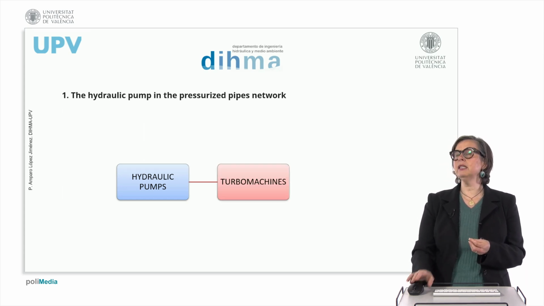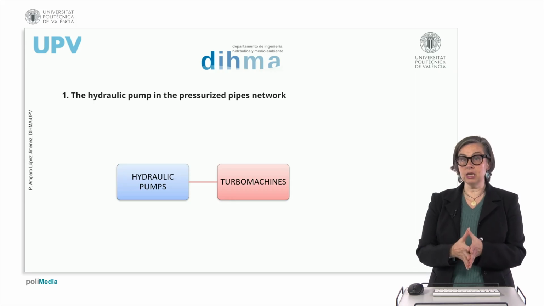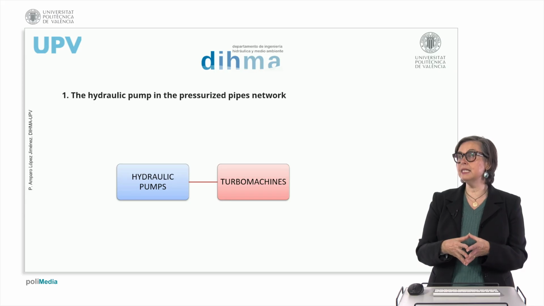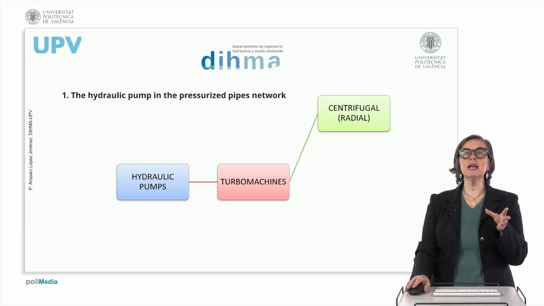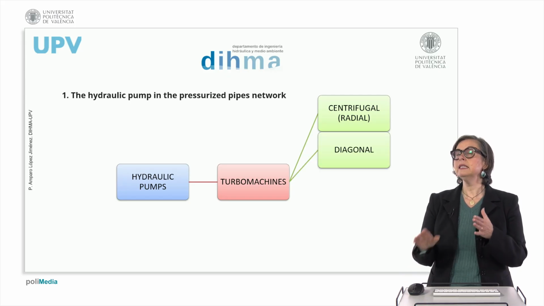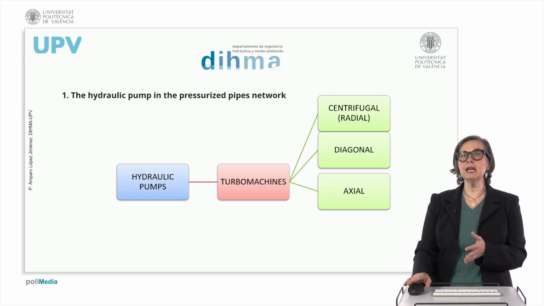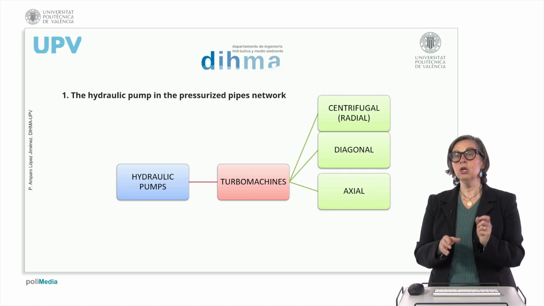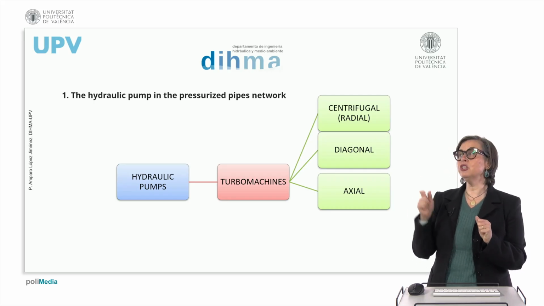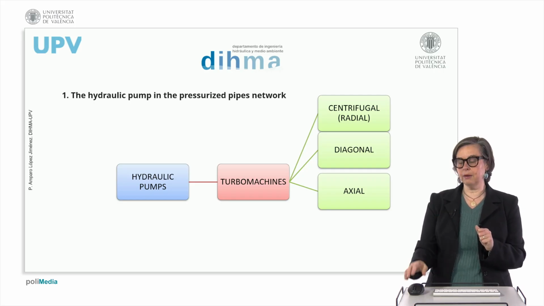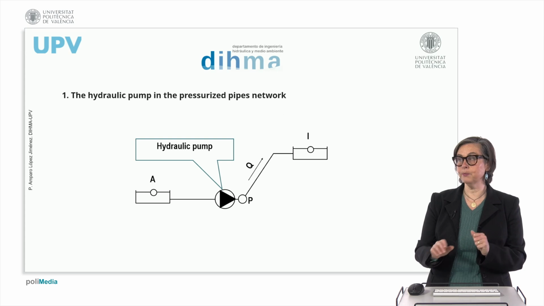They can be classified as turbo machinery, which are the pumps we are considering for this research, in terms of centrifugal, which are radial pumps, diagonal and axial pumps, which have the flow in the axial direction. So in this case, the machine is represented by its characteristic curve.